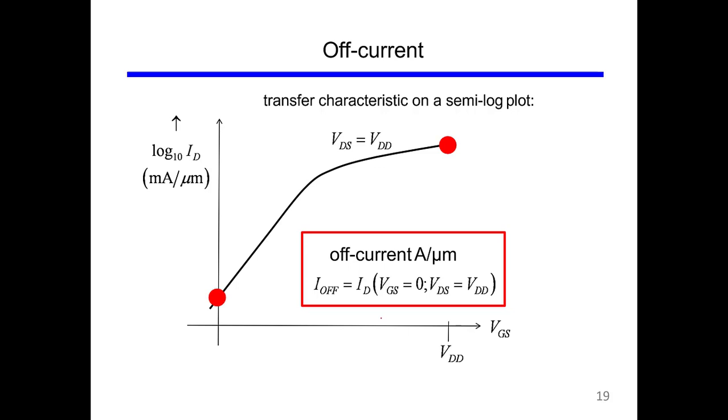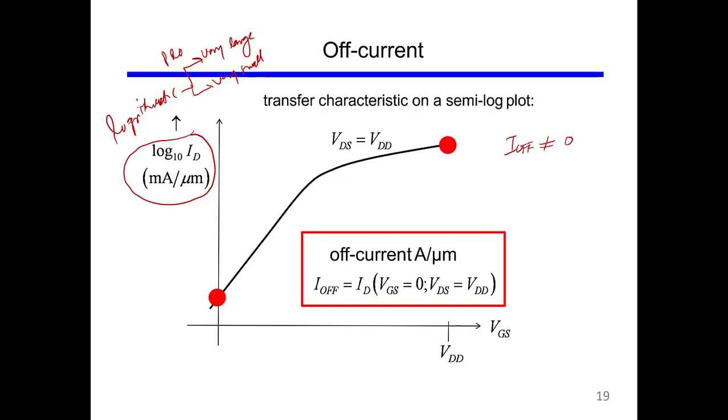Now again, as I told you, I off is not equal to 0, so this is another plot which shows the ID in a logarithmic plot. You may know that logarithms are well suited if you want to express very large quantities or very small quantities.